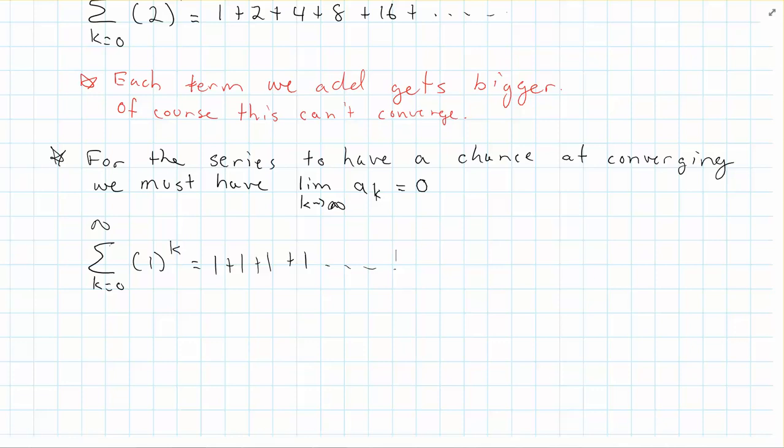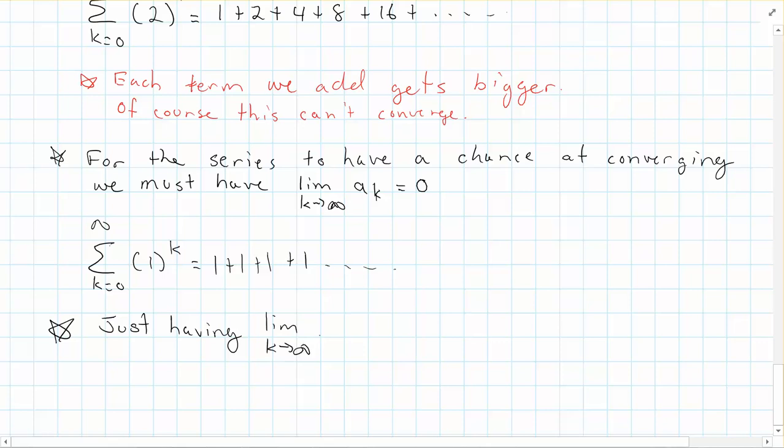Unfortunately, just having, and I'm going to emphasize this, just having the limit as k goes to infinity of a sub k equaling 0 is not enough to conclude the series converges.